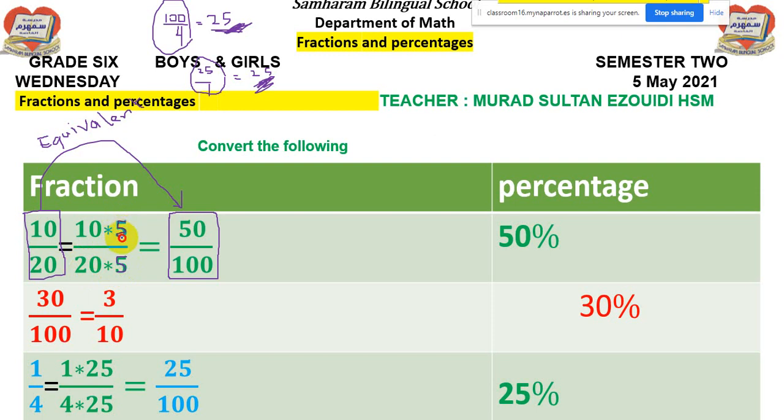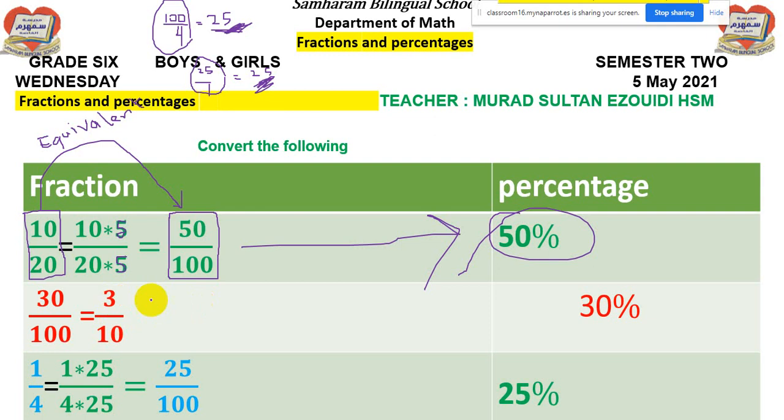Look here, 10 by 5 is 50, 20 multiplied by 5 is 100. So now I got two equivalent fractions. 10 divided by 20 in fact is equal to 50 out of 100, which is equal to what? 50%. Clear? The next one.